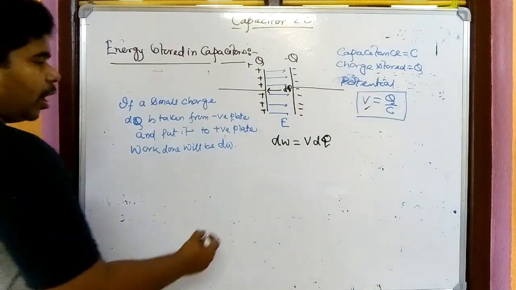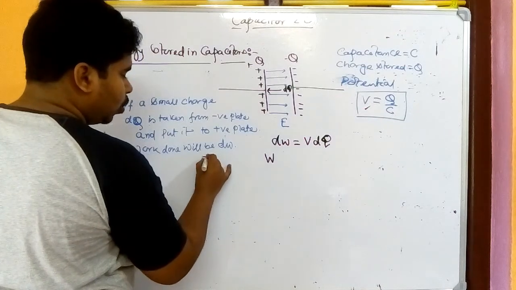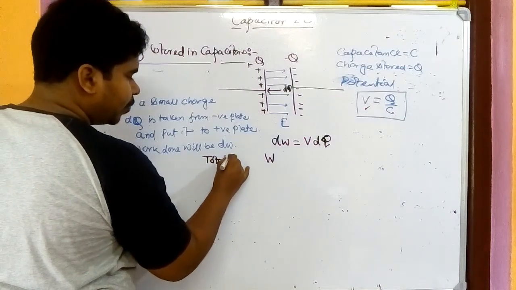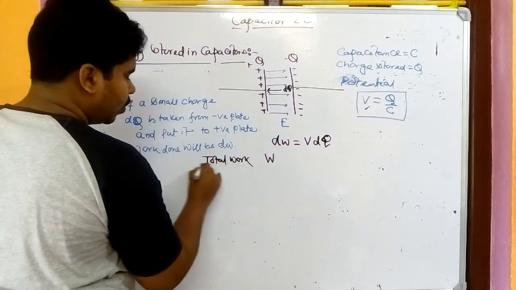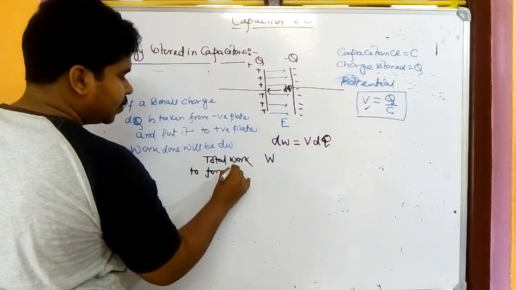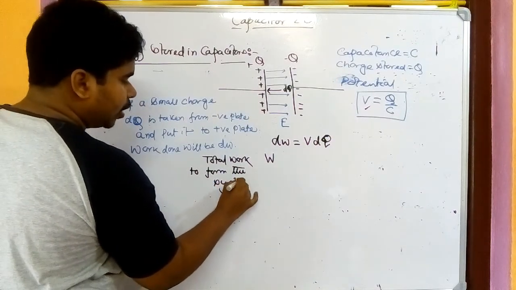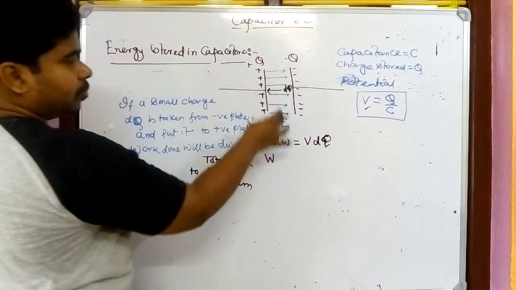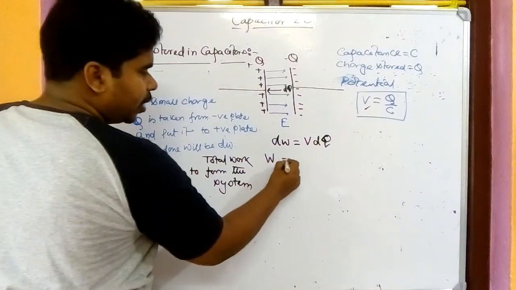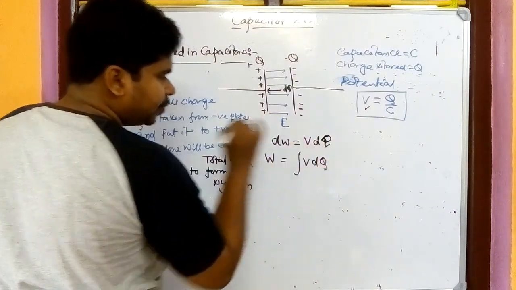Now, if I want to find out the total work done to form the system, it should be the integration of V dq.